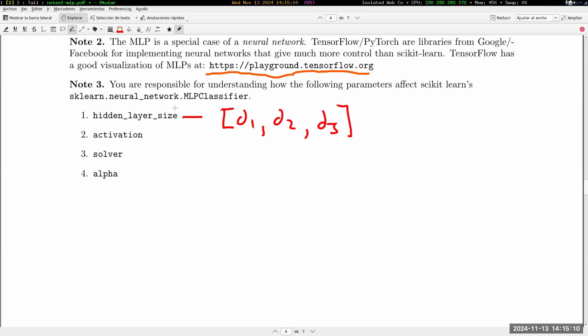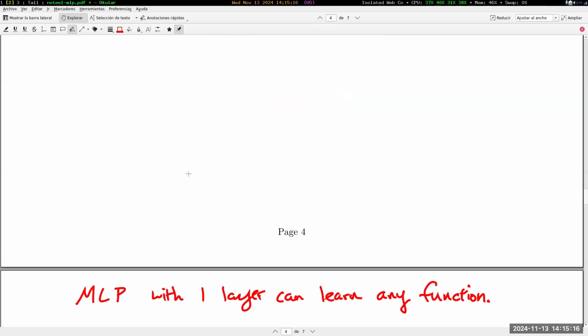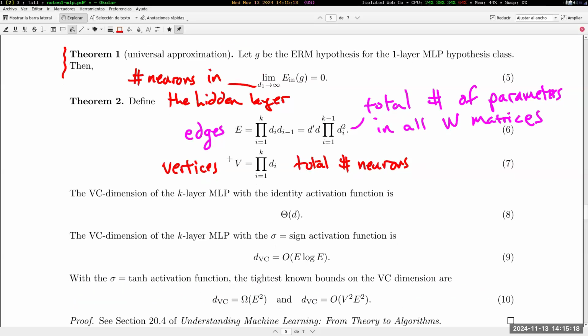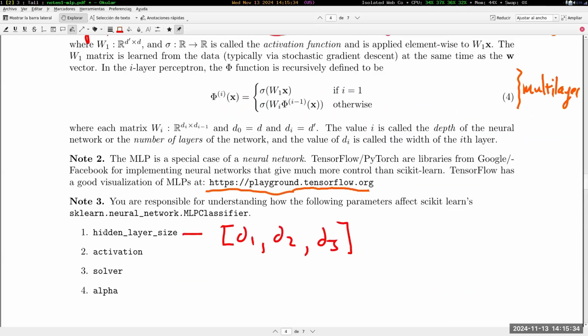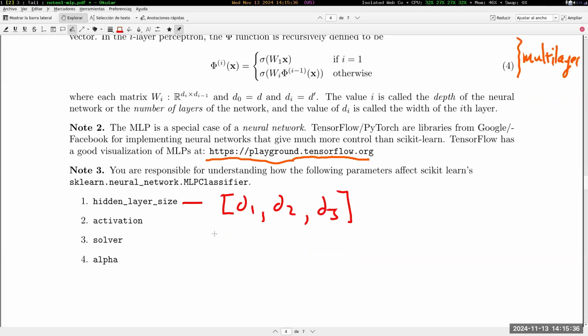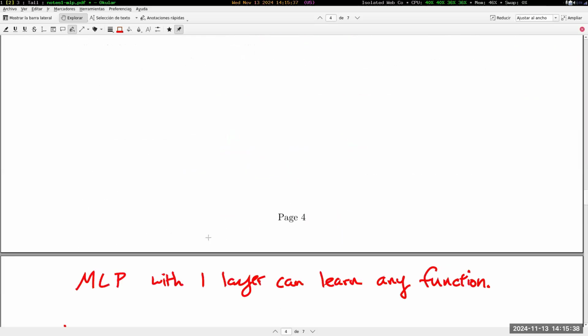And so this hidden layer size variable right here is the hyperparameter to the MLP classifier that determines what our E and V variables down here are going to end up being equal to. There's no way in the code to manually specify the E and the V values. Instead, you specify these D sub i values by specifying the hidden layer size list right here.